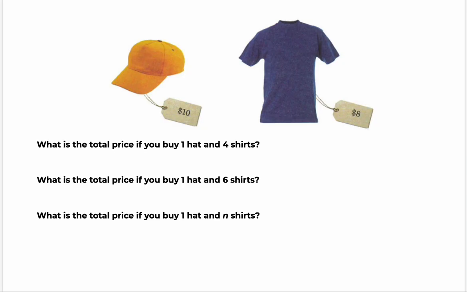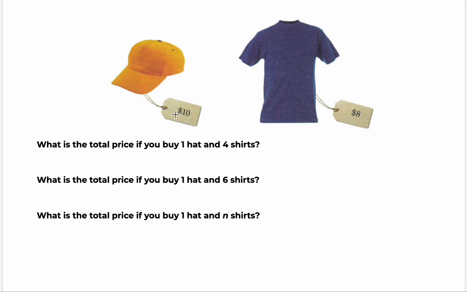All right, so let's suppose that we go shopping and we're looking for hats and t-shirts. In the store, the hats are $10, good price, and the t-shirts are on sale for $8 each. We want to know what's the total price you would pay if you buy one hat and 4 shirts.